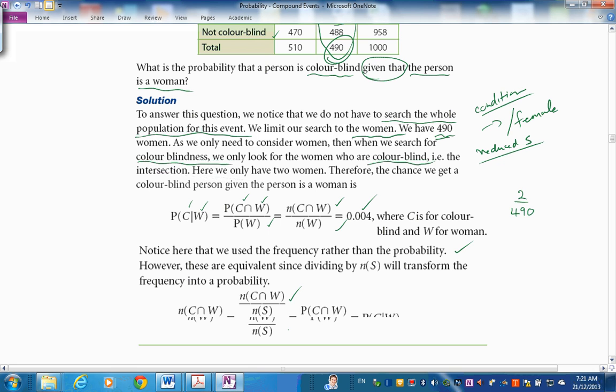And they've done the same sum as I have. So in other words, the probability rule is the probability of the intersection, which is that over that, divided by the probability of a woman, which is that over that, and the NS's invert and multiply, they would cancel. So you can either work with the probability of the intersection divided by the probability of a woman or a female, or you can work with actual numbers.